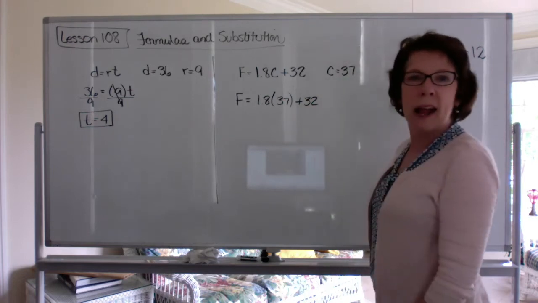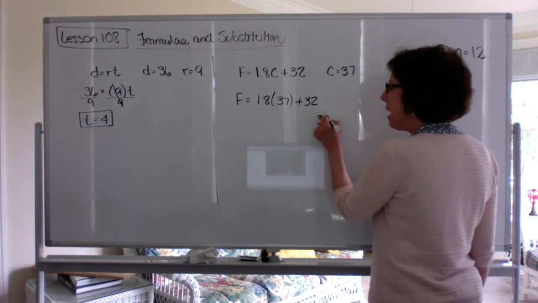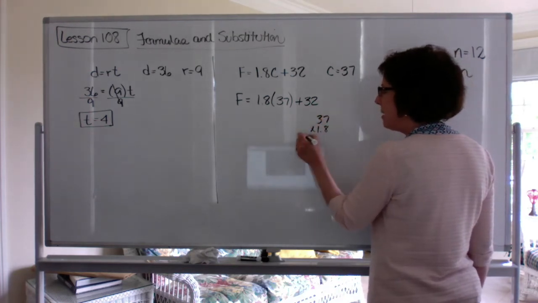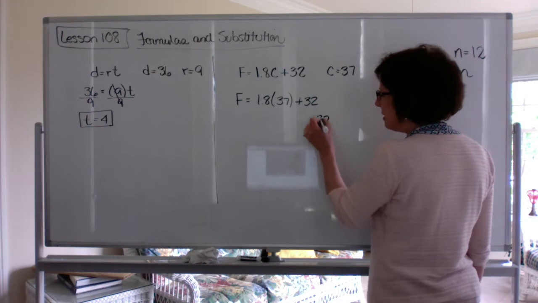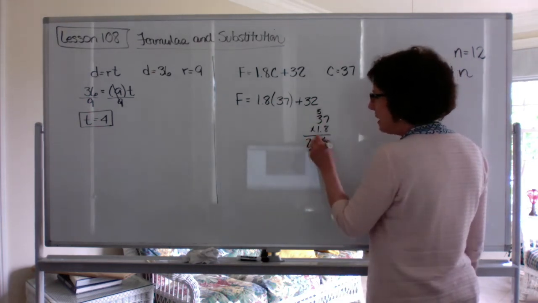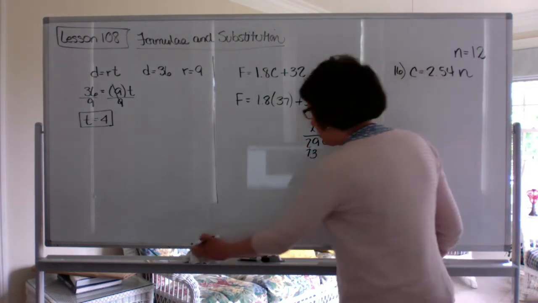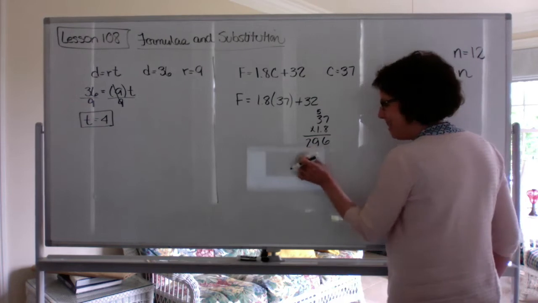Well, what I've got to do now is some calculation. So I've got 37 times 1.8. 7 times 8 is 56, 8 times 3 is 24, plus 5 is 29, and then I've got a 37 times 1. Why did I do it backwards? Oh, that's weird. I did it backwards.